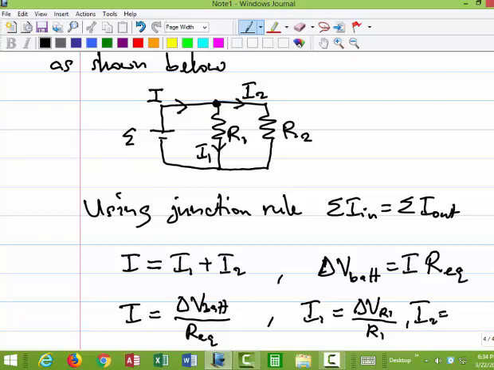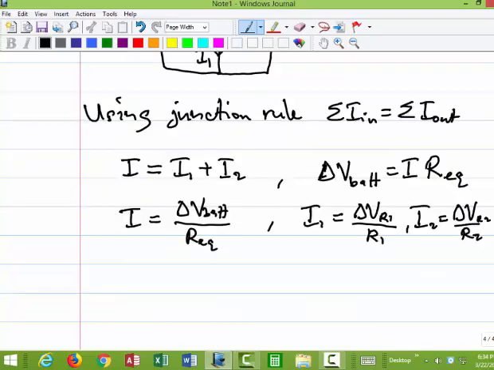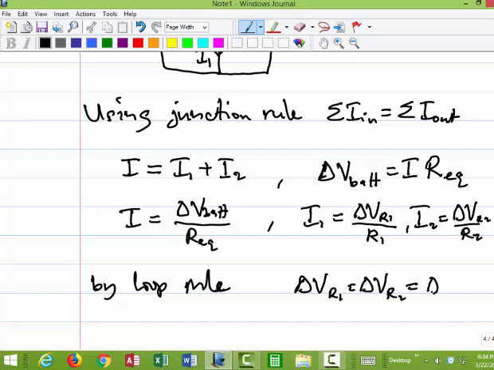And I2 is the potential drop across R2, divided by R2. But by the loop rule, if we take a loop across each element, we will see that the potential drop across R1 is just equal to the potential drop across R2, which is just the same as the potential drop across the battery.